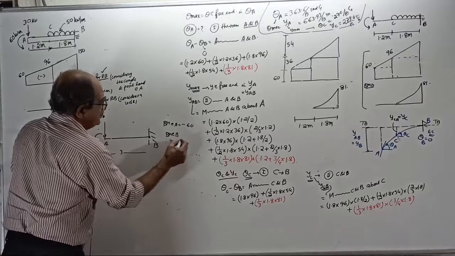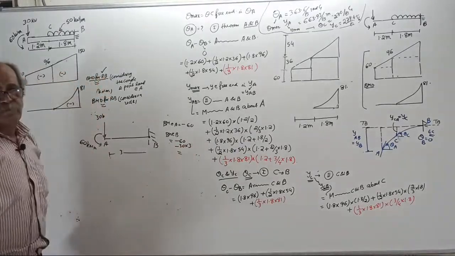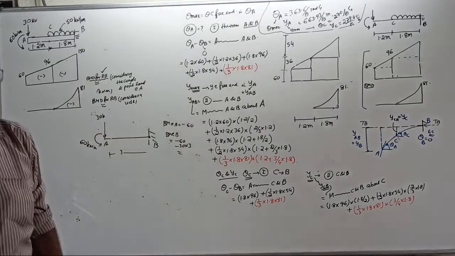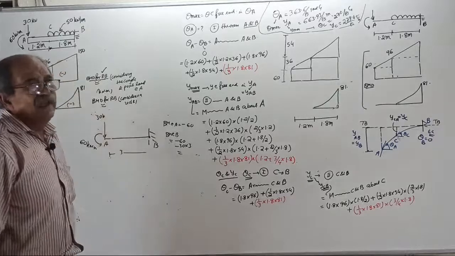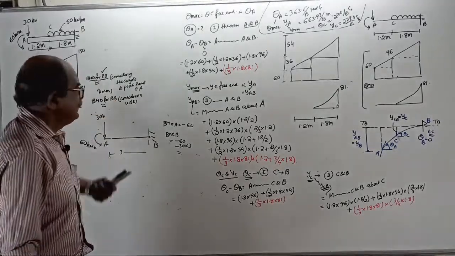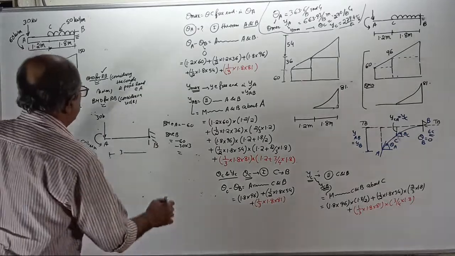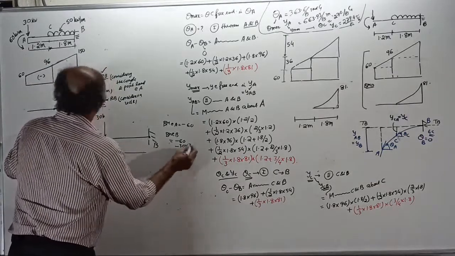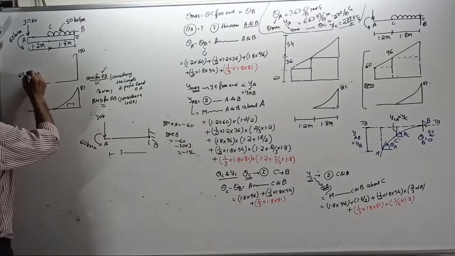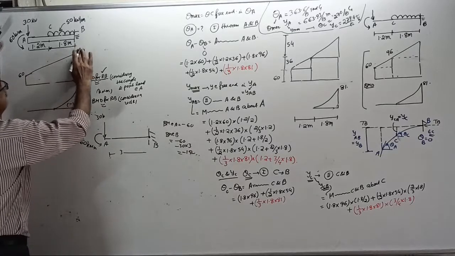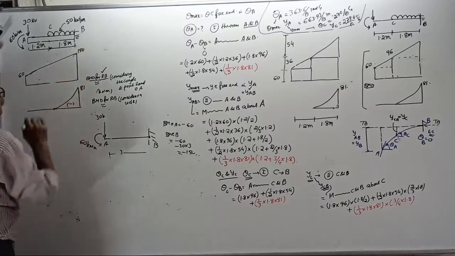So at A the BM is minus 60, at B the BM is minus 60 minus 30 into 3, which is minus 150. Therefore your BMD will be 60 here and 150 here.